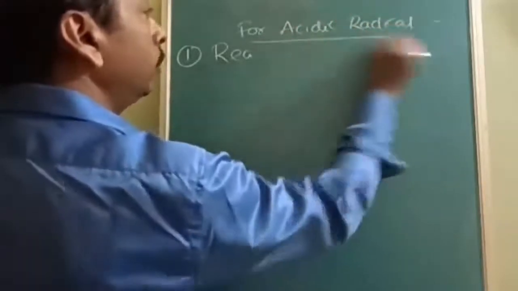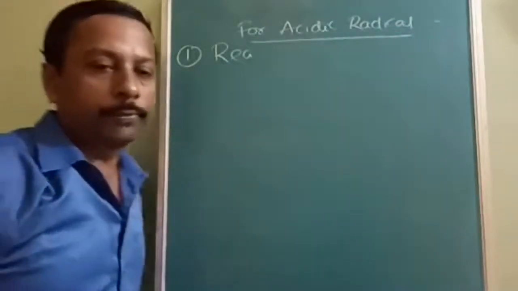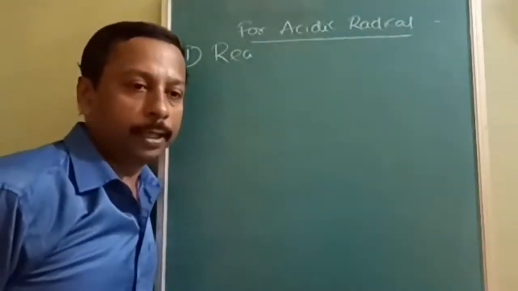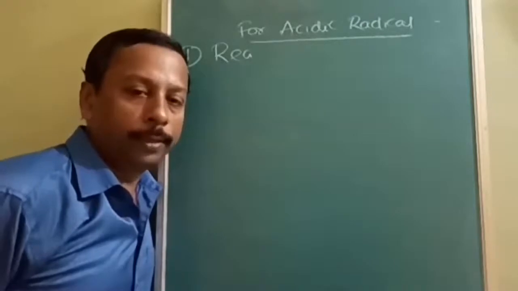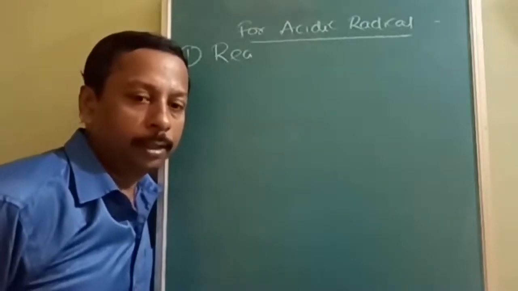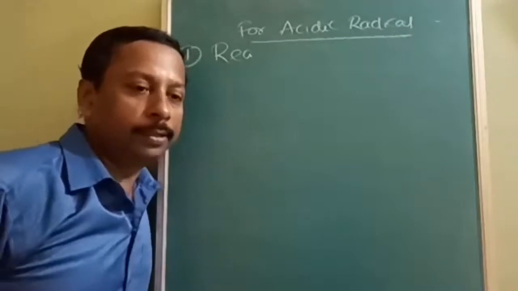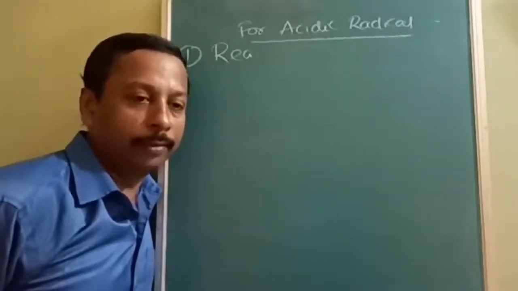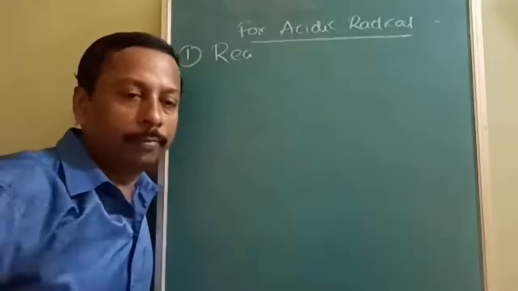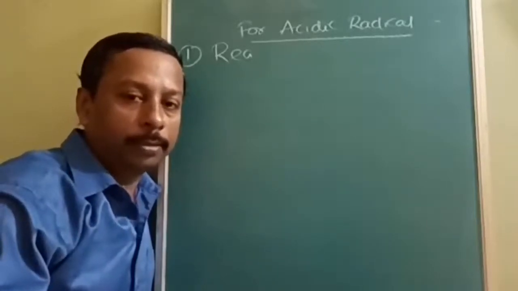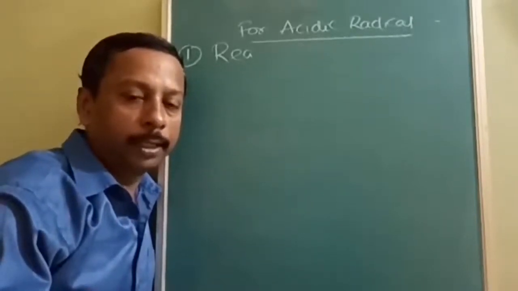We will do two types of tests, one for the first group and one for the second group. There is no group analysis for the third. If there is no response from the first and second, that means it is in group 3. There is no separate test for that.